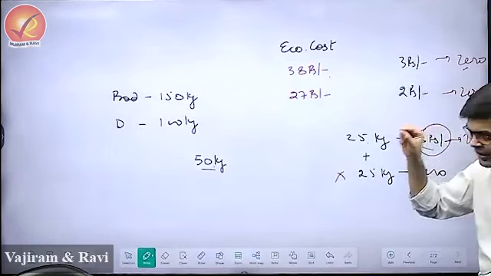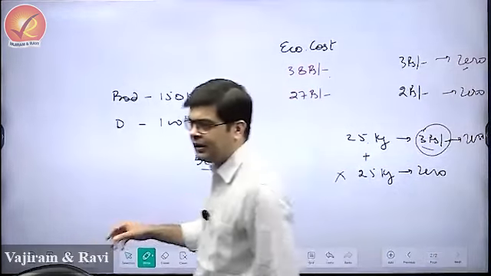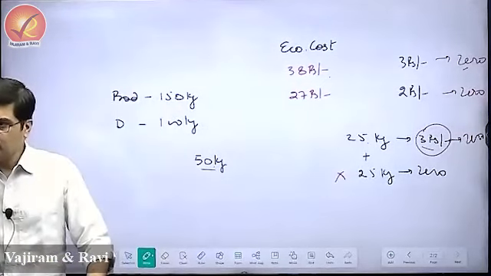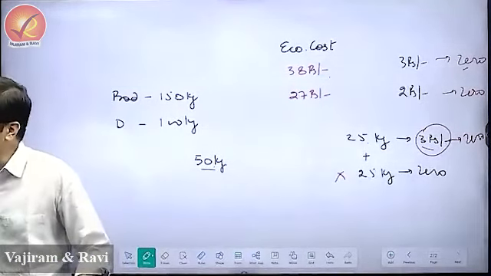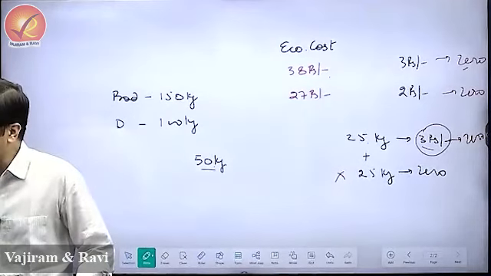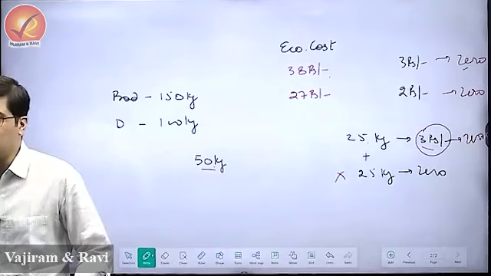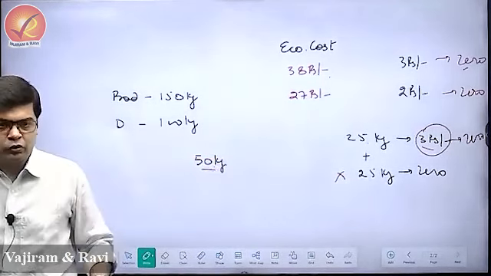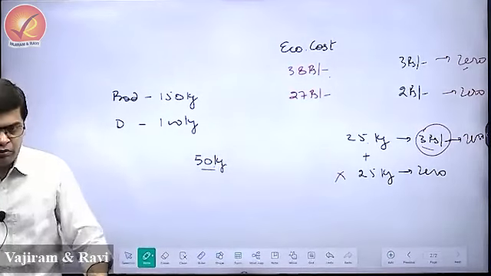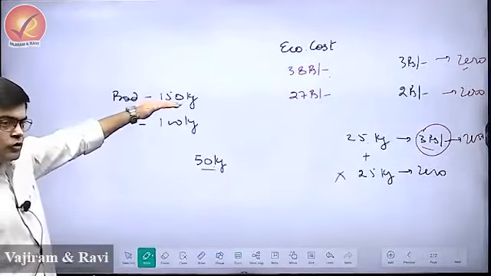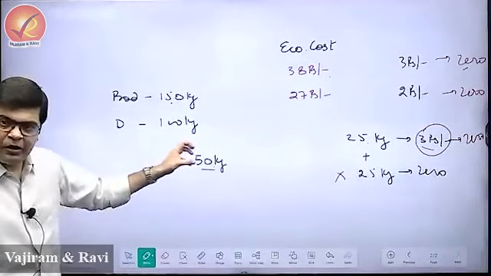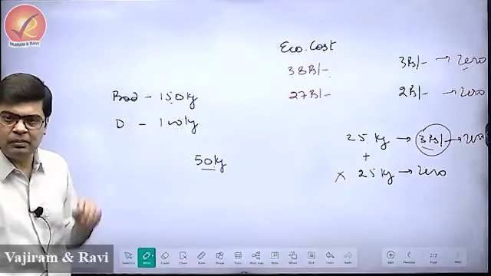Now, when you look deeper, you will find that the COVID pandemic was not the reason for the extra 25 kg that the government gave. And the economic recovery was also not the reason why the government did away with this particular benefit. Suppose this was the production and this was the demand. 50 kg was surplus. The government was using this 50 kg and giving it to the people.